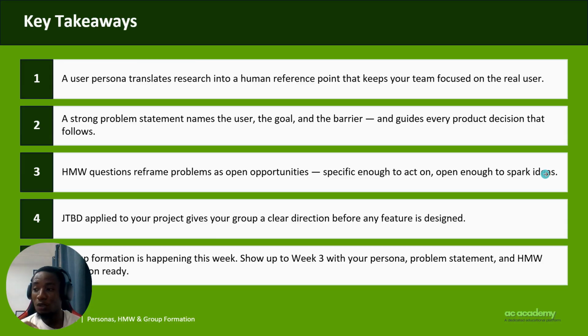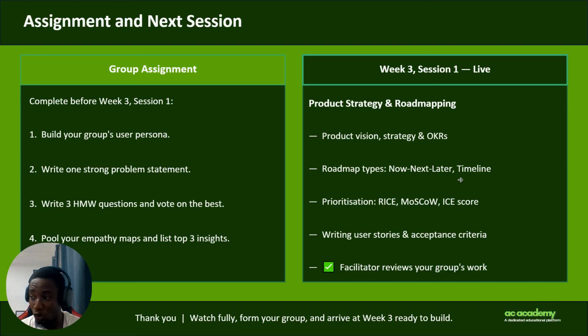Now, with HMWs, it reframes the problems into opportunities or brainstorming chances. So you need to ensure that you are doing the work procedurally. All right. And then JTBD applied to your project will give your group a clear direction. Okay, JTBD gives you a clear direction.